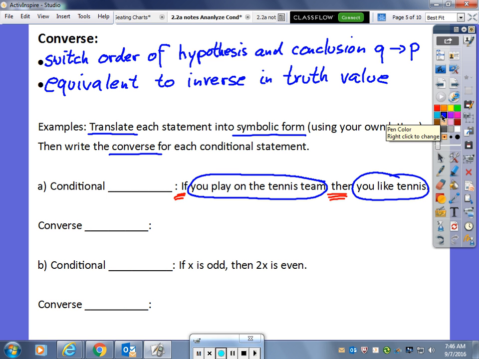I'm going to use the letters E and F, just following alphabetically from before. E is our hypothesis, F is our conclusion. In other words, E, arrow, F in symbolic form. Now for our converse, our if and then will always stay in the same place.